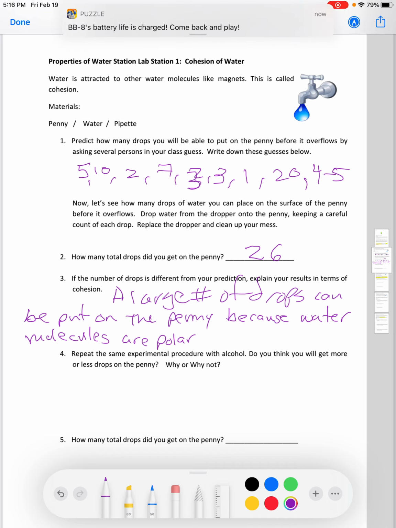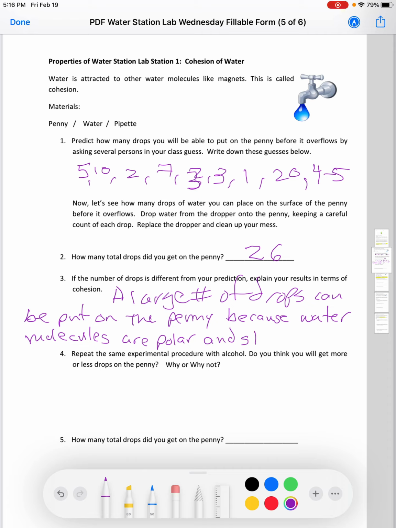The water is cohesive and will stick together because water molecules are polar and stick to each other, bond to each other through hydrogen bonding.